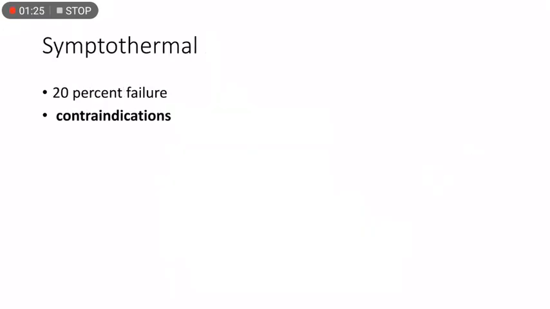The symptothermal method cannot be used in an irregular menstrual cycle, just like the rhythm method. Second, we are not supposed to use it when the person is on other forms of medication like oral contraceptive pills, because that will regularize the cycle, but it's just a contraindication. Third is old age.